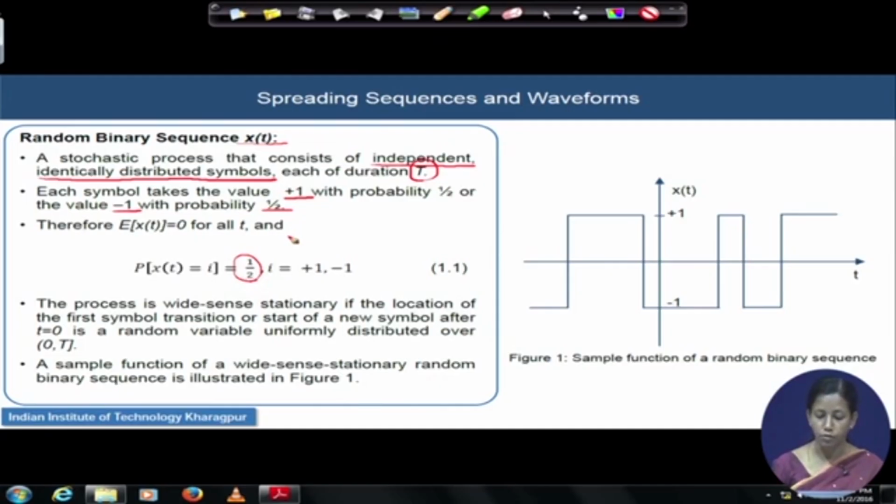Hence, if I draw the sample function of this random binary sequence x(t) in figure 1 with respect to the time axis t, the value will be +1 or -1 and the figure will look like this.